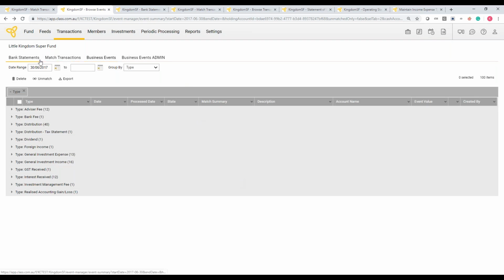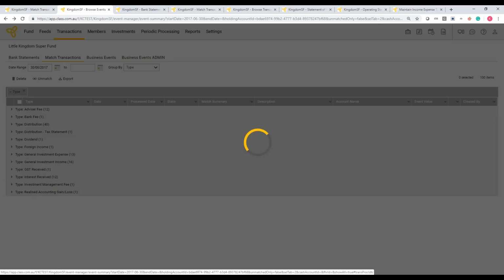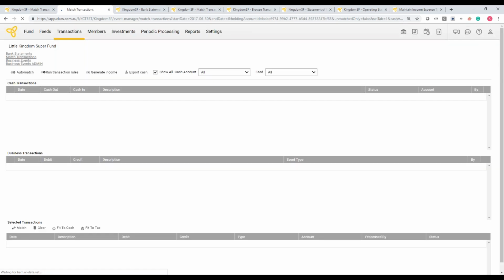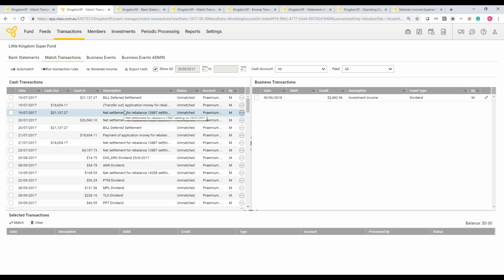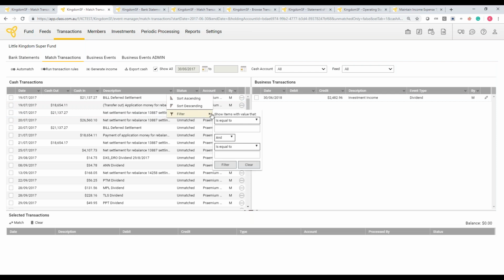Now, once I process that, I need to do the matching. So let's go to match transactions. This is the dividend income at 30 June. A couple of tricks on how to match properly. One way is using a filter: anything that potentially contains dividend should match to this event.